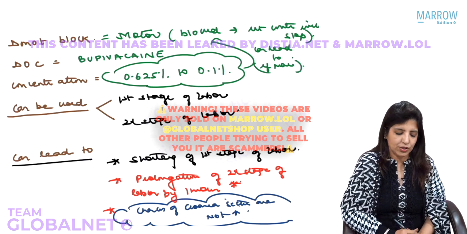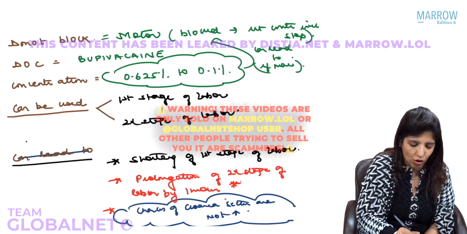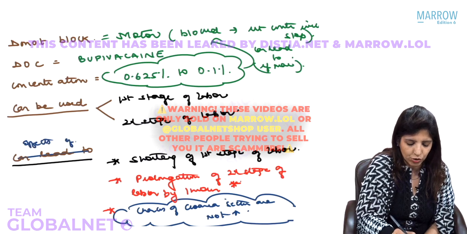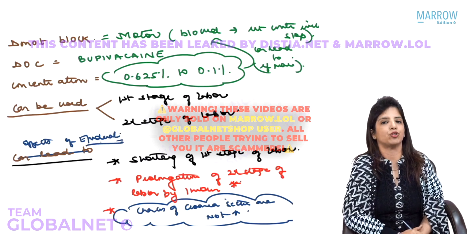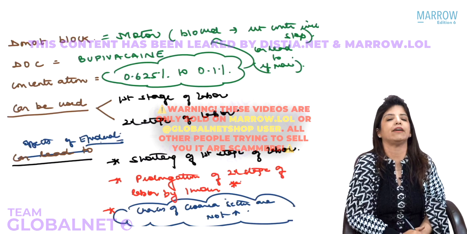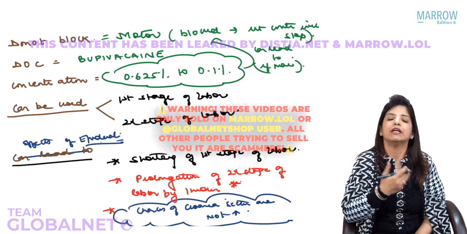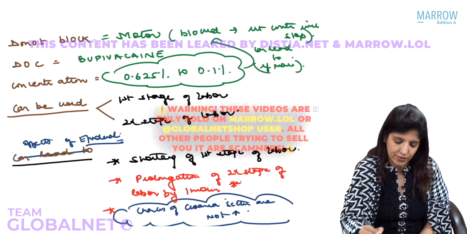Clear to all of you? So these are the effects of epidural: the effect of epidural on the first stage of labor, the effect on the second stage of labor, and the effect on the rate of cesarean section.